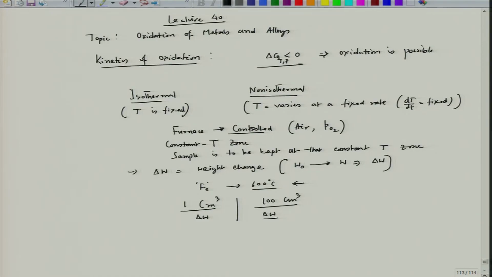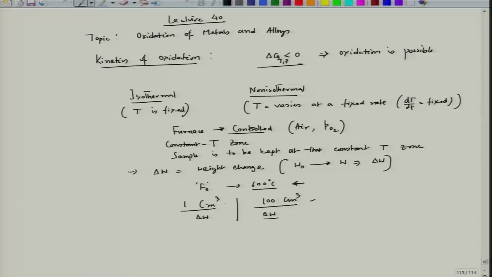That means it should have a similar level of weight gain with some normalized factor, because here we are using different areas. This is basically the volume of that particular cube, and this is the volume of that particular cube.